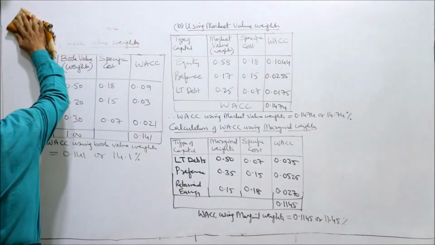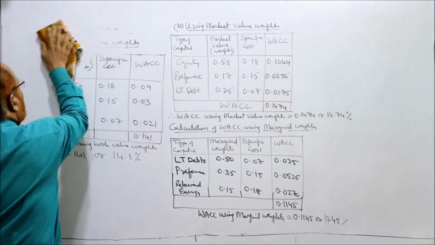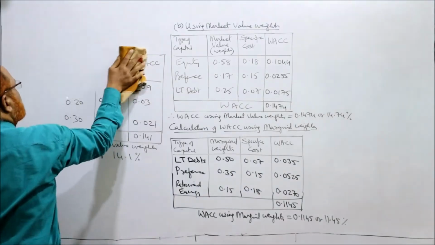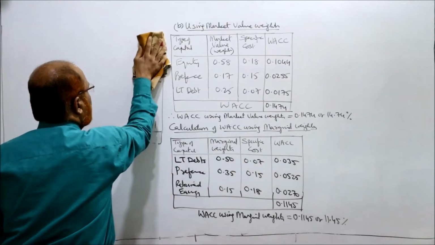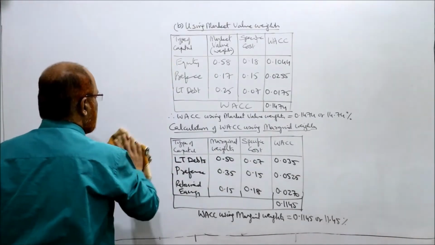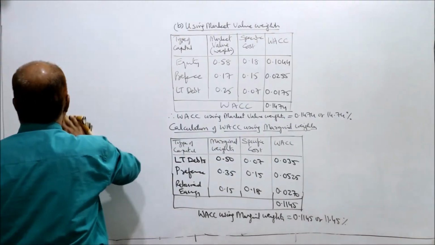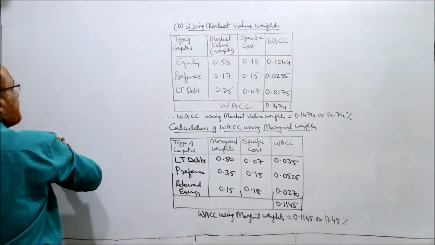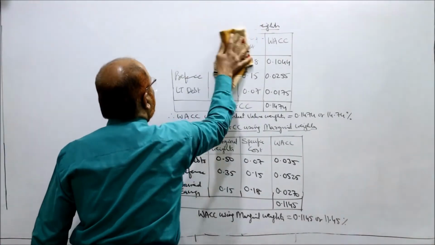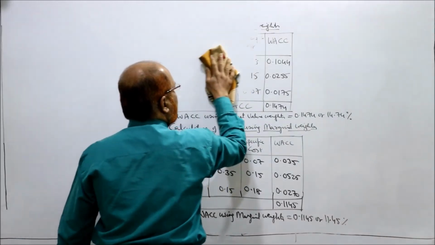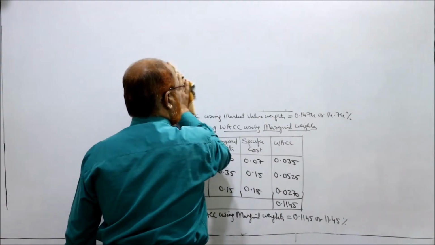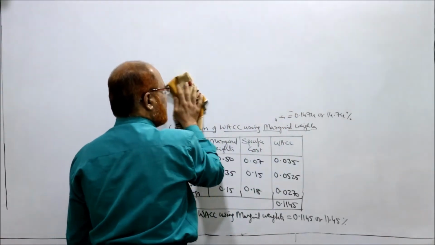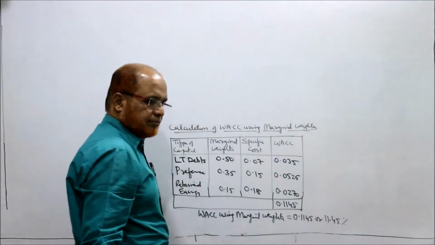So in this problem, we have calculated WACC only using proportions, not amounts. No formula is required. Simply multiply the proportion with the specific cost.